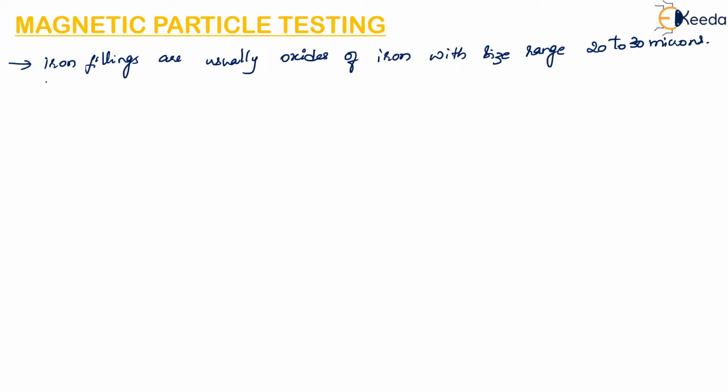So these iron filings are usually suspended in liquid. So they are mixed or put on the surface of the component which we are testing with the help of liquid, so that it will be easy for the iron filings to move towards the crack edges.